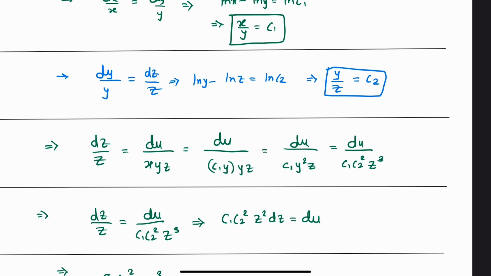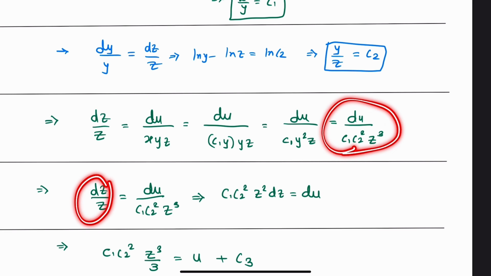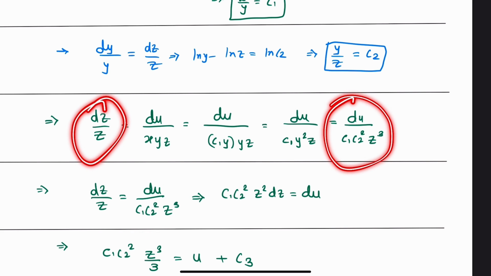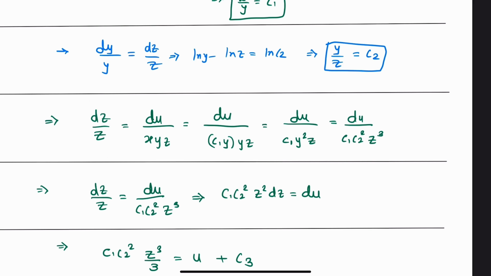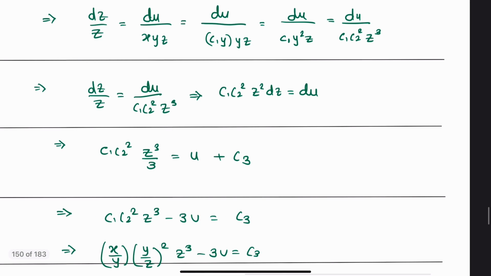Now once we have solved this, we will write dz by z equals du by, means we are taking this ratio and this ratio. Here directly this z gets cancelled out from z cube and we are left with z square. So c1 c2 square z square dz equals du. Now once we have these two, just integrate on both sides.